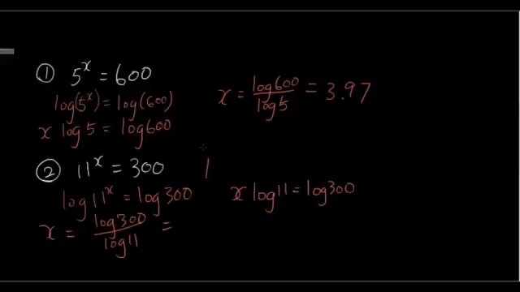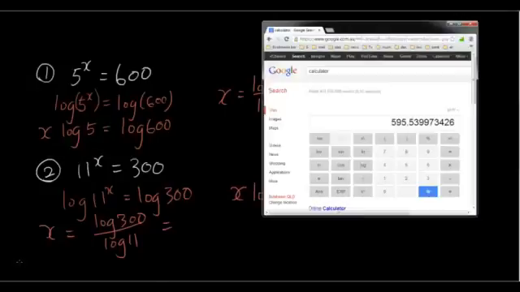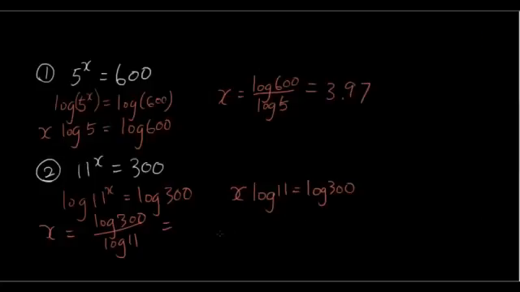Alright, so make sure you show all the working out, especially in the exam. You don't want to just skip to the answer, because then you'll lose marks. So log 300 divided by log 11, and that's 2.37. So x equals 2.37, 2dp.